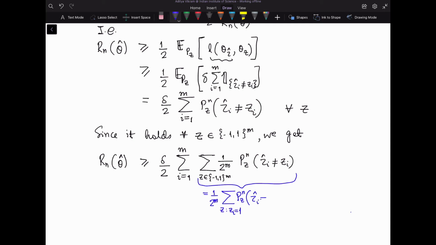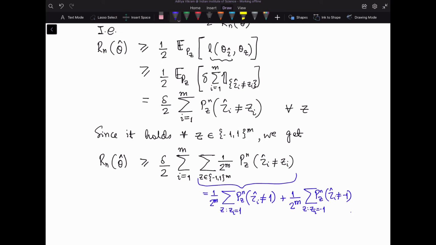And since the ith coordinate is 1, we can just write 1 here. Okay, plus all the z's for which the ith coordinate is minus 1. Okay, so we have this, right?